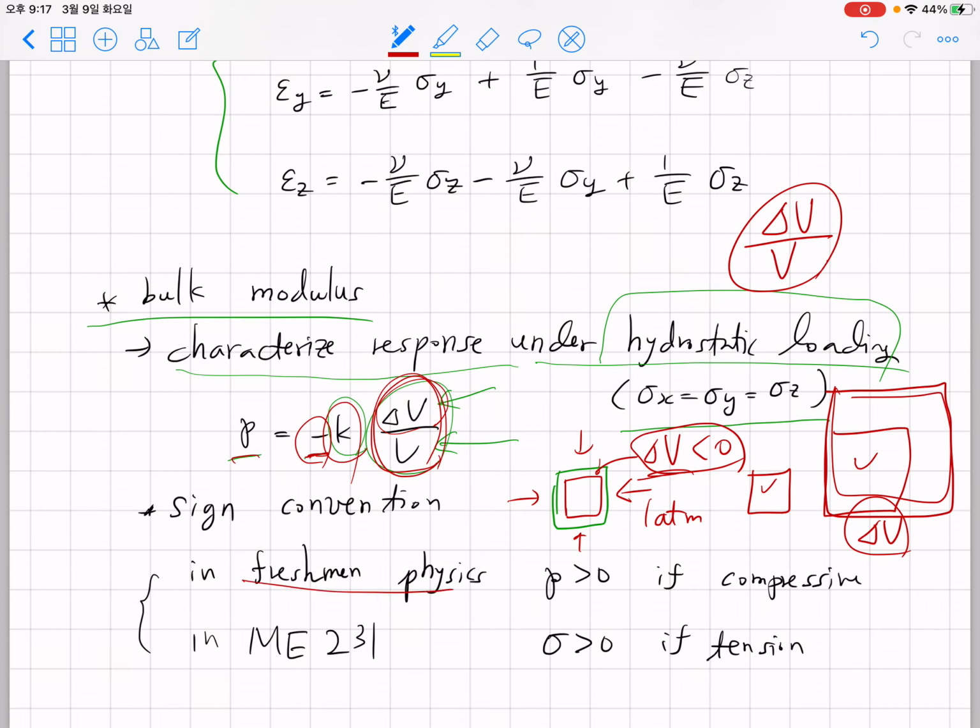In freshman physics, this little p, or pressure, is larger than 0 if it's compression. However, in ME231, when you consider the sign convention of stress, stress is positive when it's under tension. Please do not get confused about this. Most textbooks say that positive stress is tension, and when somebody refers to pressure, most textbooks consider positive pressure as compression. This is the distinction you have to remember for the solid mechanics area.